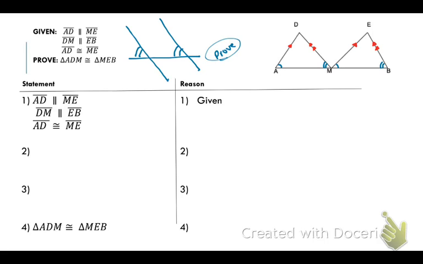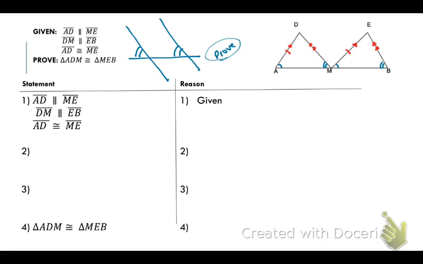Draw those two parallel lines on the transversal AB, and you can see that angle DMA and angle B are corresponding angles. So if I've got those two corresponding angles, and then the last thing they've given me is side AD is congruent to side ME, then I can prove these two triangles are congruent with angle, angle, side.